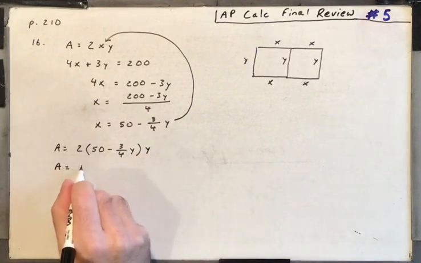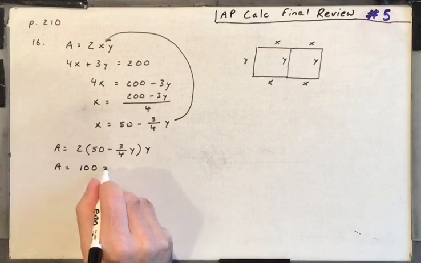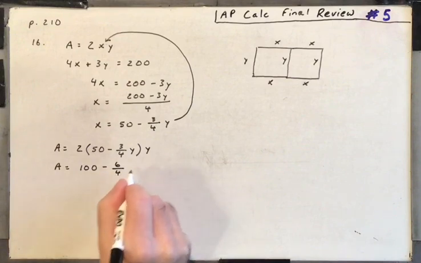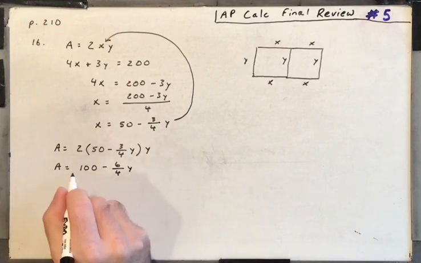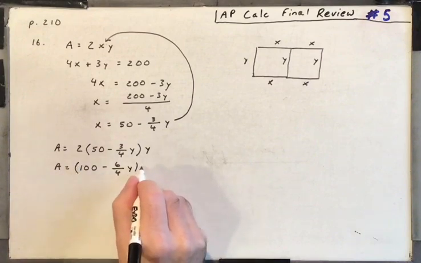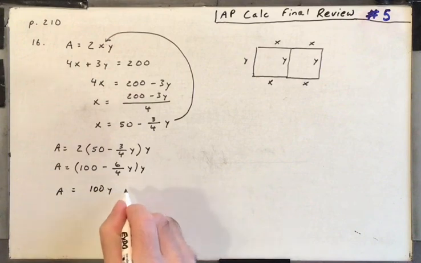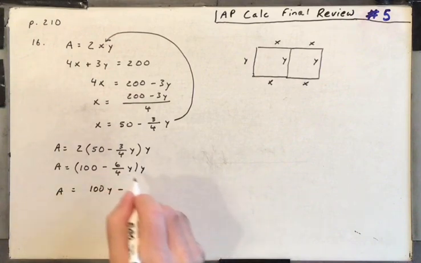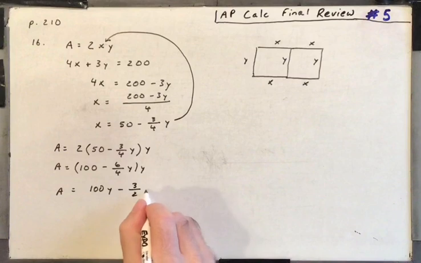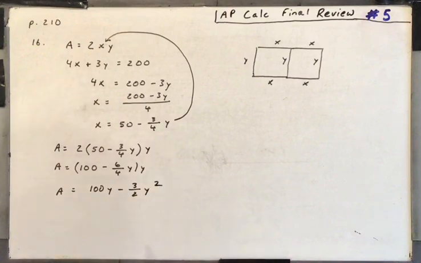So area is equal to 100 minus 6/4 y times y, which is 100y minus, and let's reduce that to 3/2 y squared.